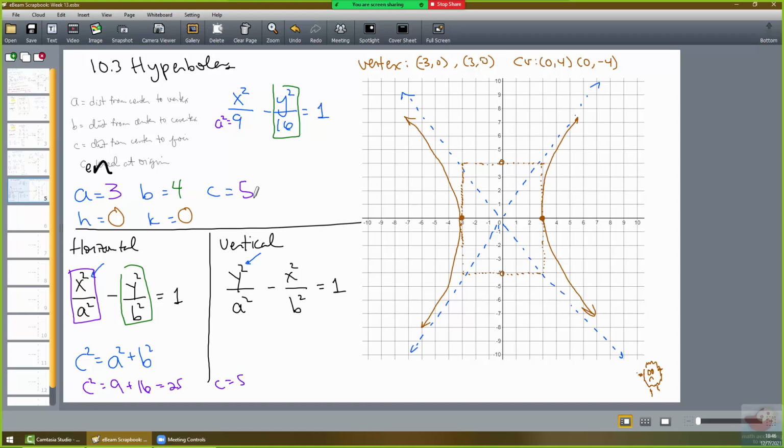Remember, c is the distance from the center to the foci. Foci must be inside the curve, and we have 2 curves here. And you go in the same direction as you did for the vertices, so in this case left and right. So if we go left 5 from the center, we get our first foci at -5, 0. And if we go right 5, we get our second foci at 5, 0.